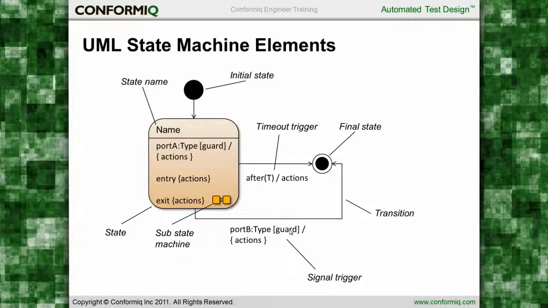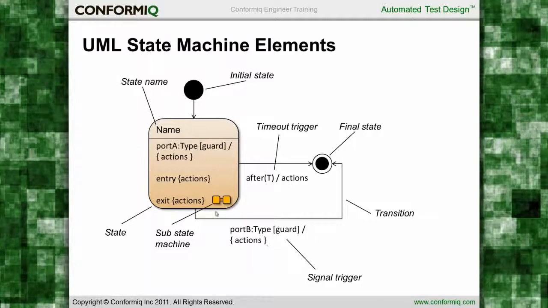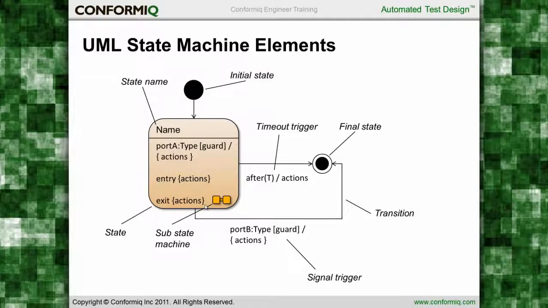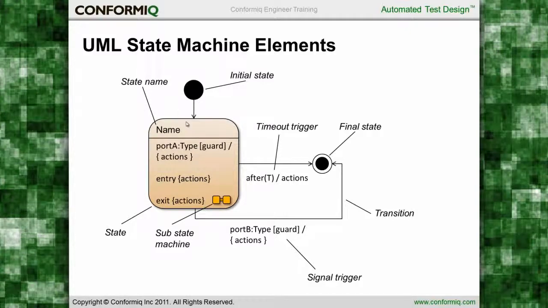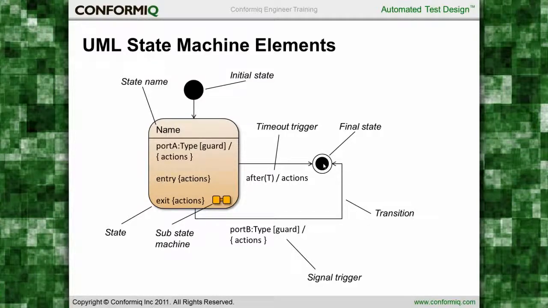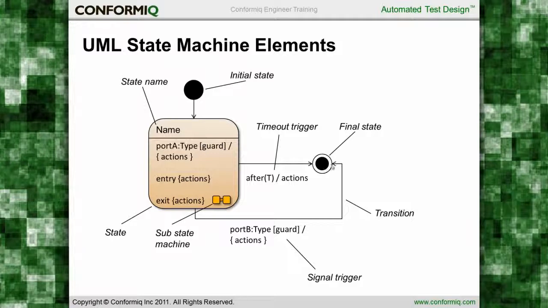If the guard is true, then the action following the slash here is executed, and a state change occurs, which in this case means that the execution goes from the name state here to the final state of the state machine.